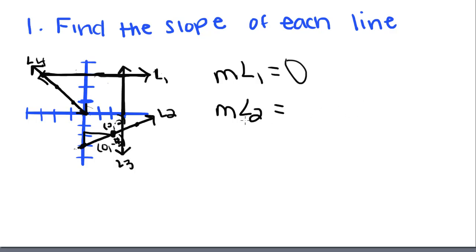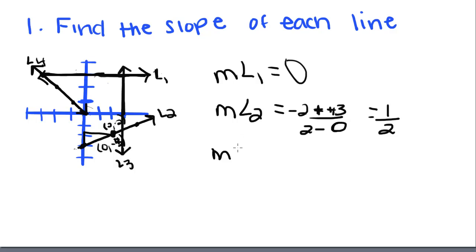So if I plug this into the formula, I get negative 2 minus negative 3, over 2 minus 0. And negative 2 minus a negative is the same thing as adding a positive. So negative 2 plus 3 is 1 over 2 minus 0 is 2. So either way, you'd get 1/2.